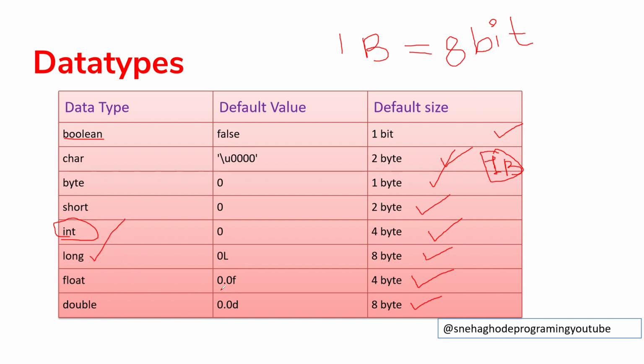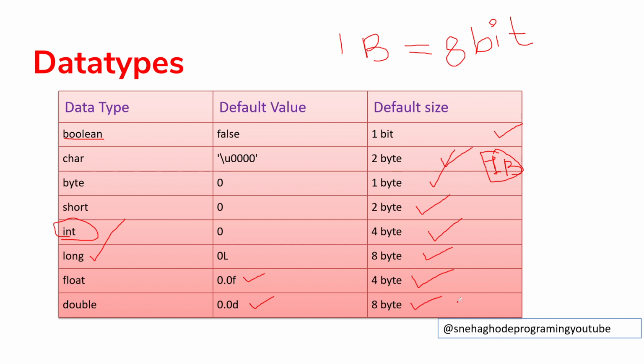As I told you, float contains decimal point data, so it is denoted by 0.0f, F is for float. And D is for double. Here the only difference in default is the size: float contains 4 bytes of data and double is 8 bytes. We'll see further why it differs from 4 bytes to 8 bytes to store these types of data.